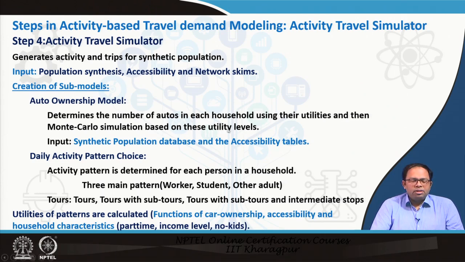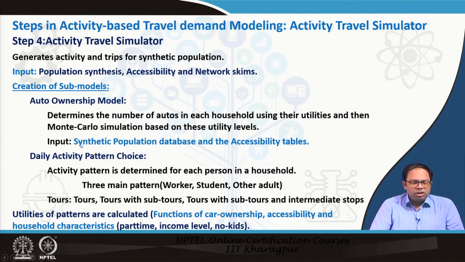We pick a random number and match it with the cumulative probability that we estimate using the utilities, and we see which group it belongs to. That particular choice is assigned to this household, and accordingly that many vehicles are assigned to it.